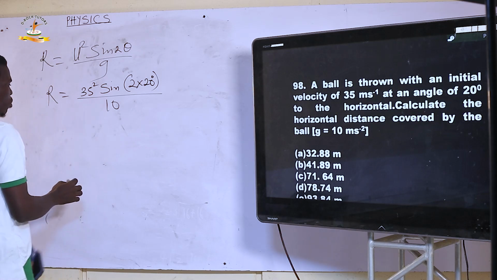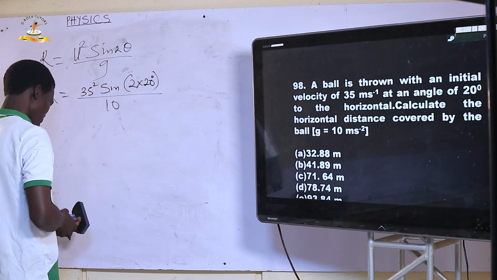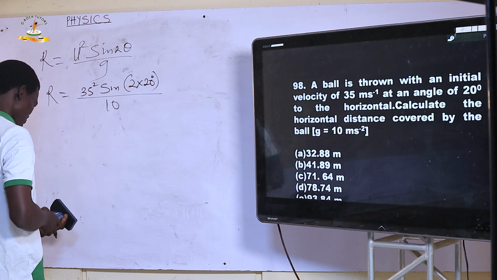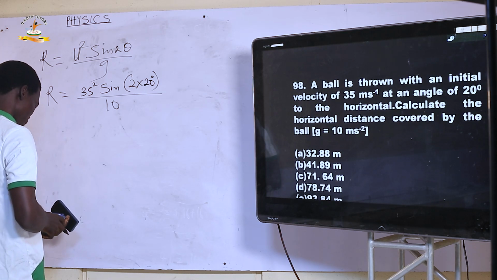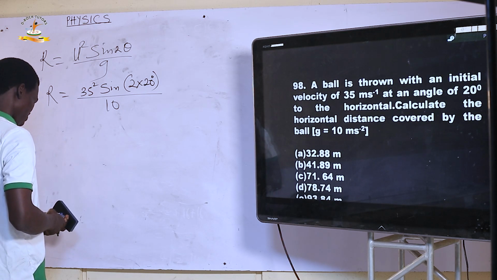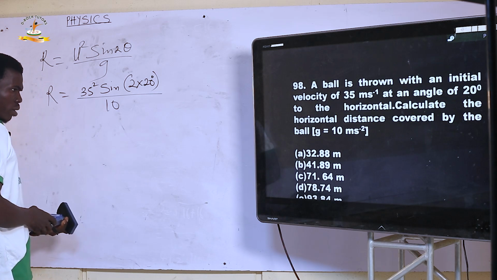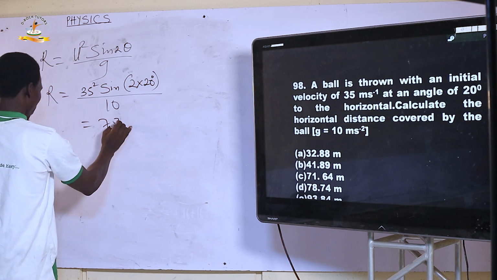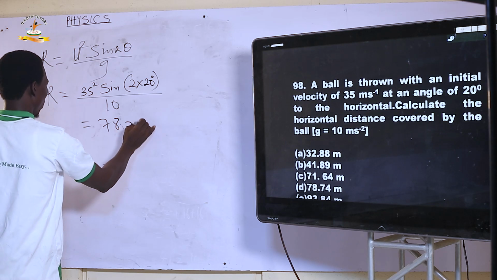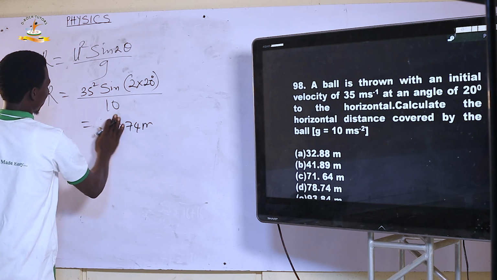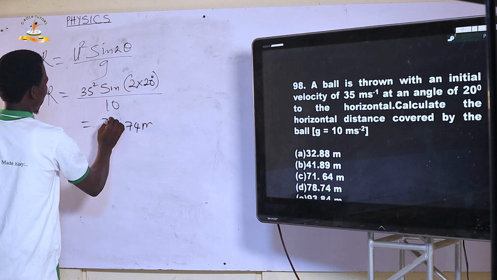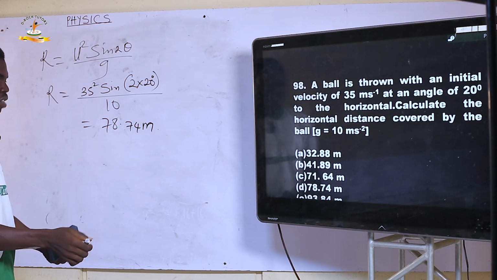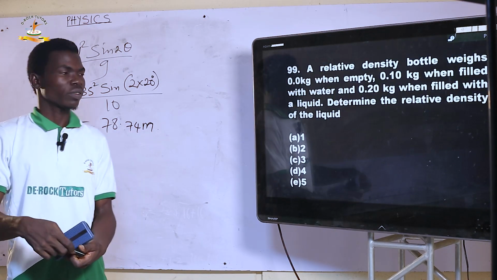And here I am going to have 78.74 meters. 78.74 meters is my correct option. That is option D. Next.